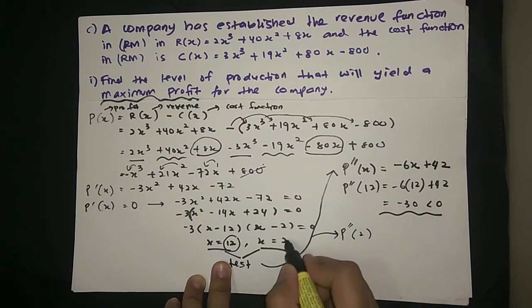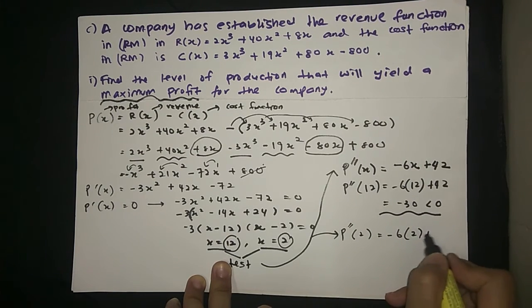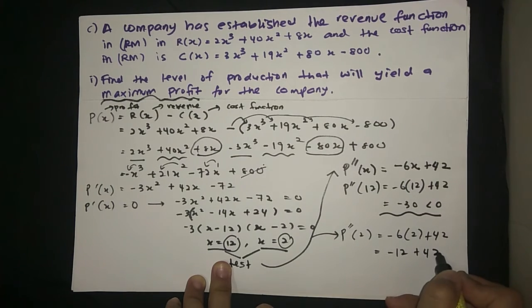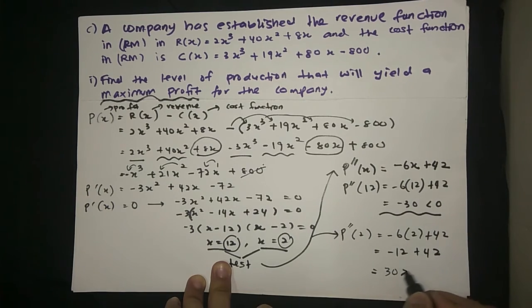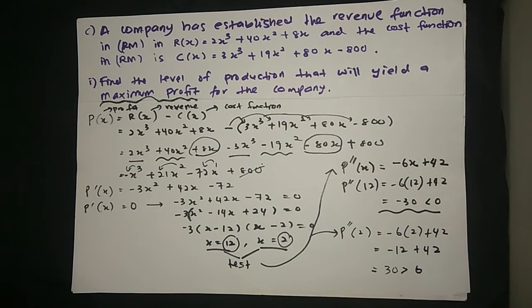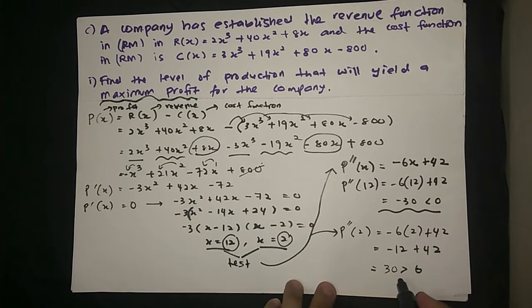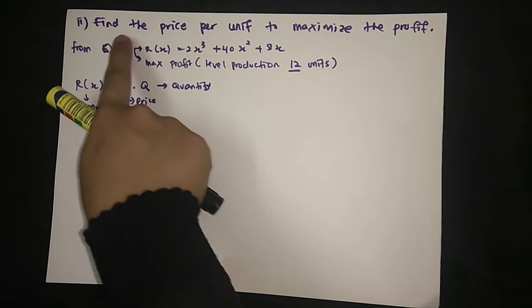Negative 6 times 2 plus 42 becomes negative 12 plus 42, which is 30, more than 0. So we know that 12 is concave downward and 2 is concave upward. The level of production that gives maximum profit is 12.